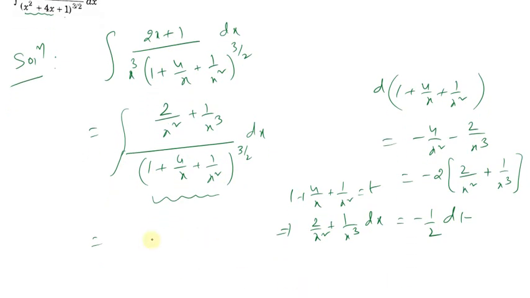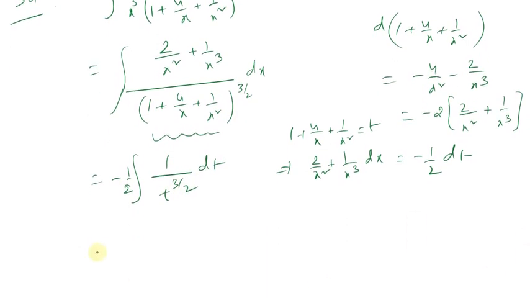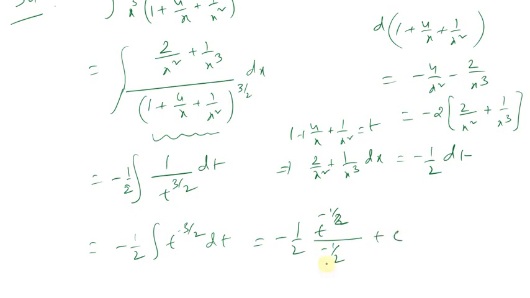So let me substitute in this. Integration of minus 1/2 times 1/t^(3/2) dt. Now you can calculate the integration for this. The problem is almost over. Integration of t^(-3/2) dt is equal to minus 1/2 times t^(-3/2+1), which is t^(-1/2), divided by minus 1/2, plus c.